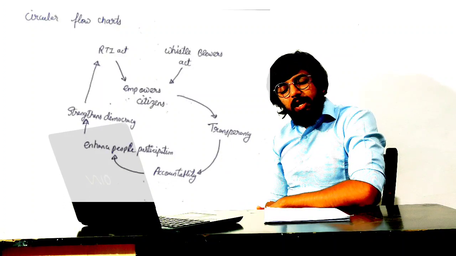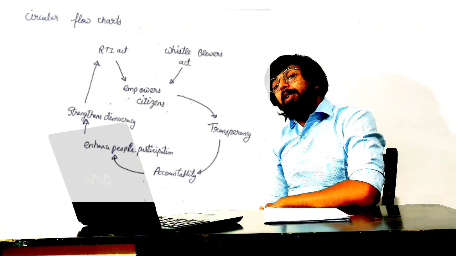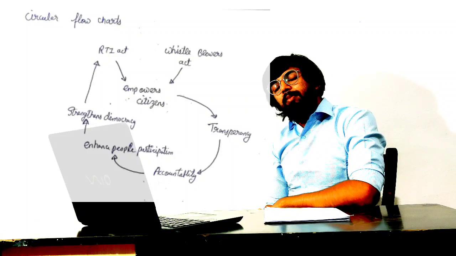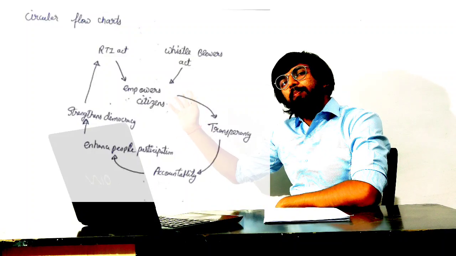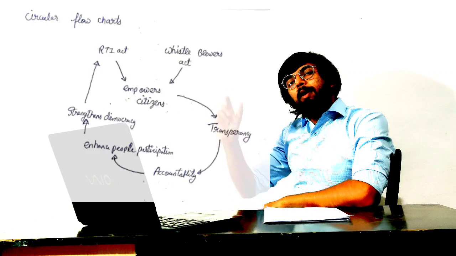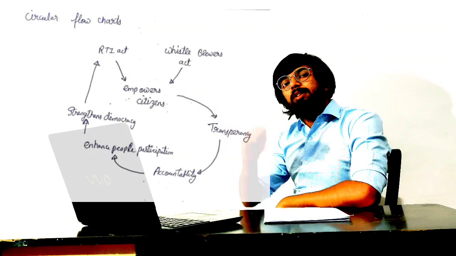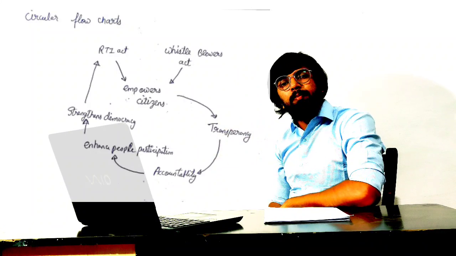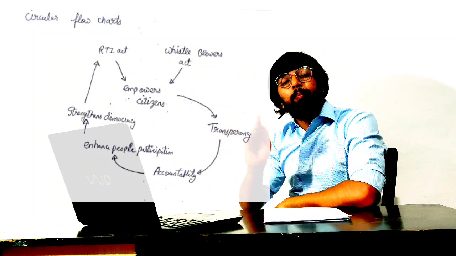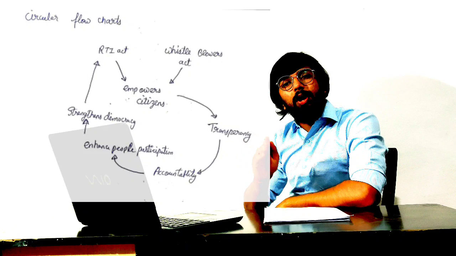If some question has been asked, what is the importance of RTI and whistleblower acts? So I've made a simple schematic diagram for you. RTI and whistleblower acts empower the citizen, and this empowered citizen brings in transparency in the system. If the system is transparent, the public servants will be more accountable.